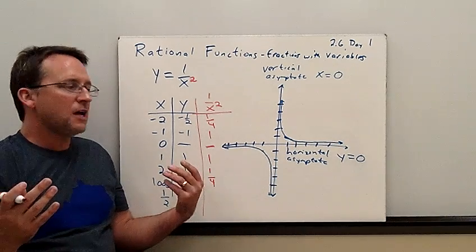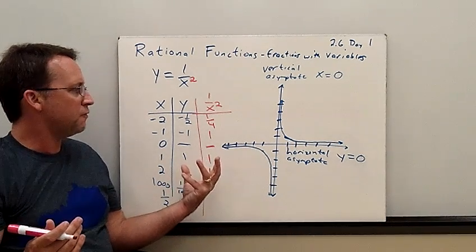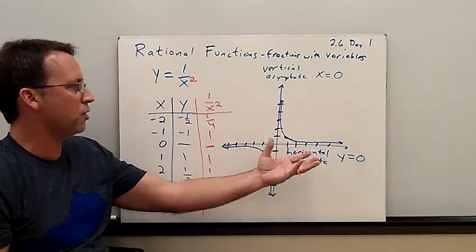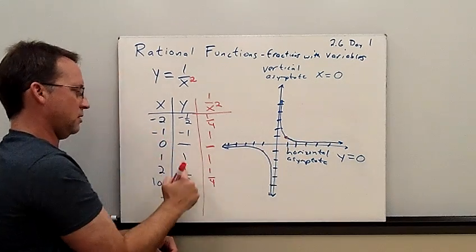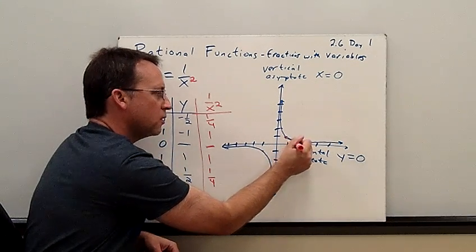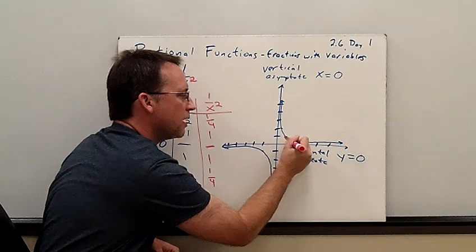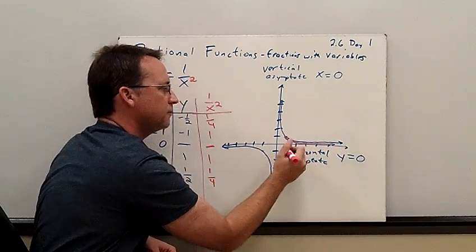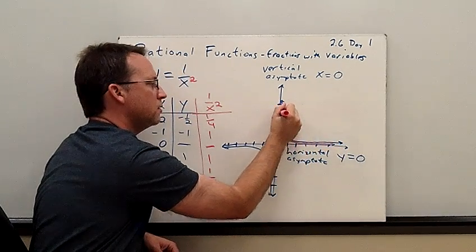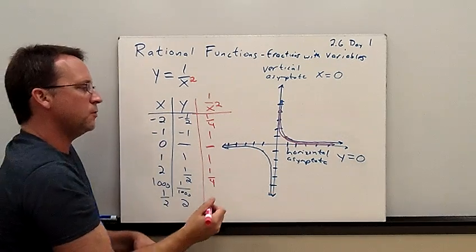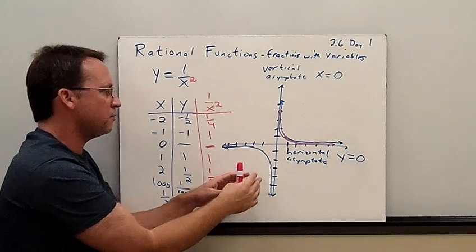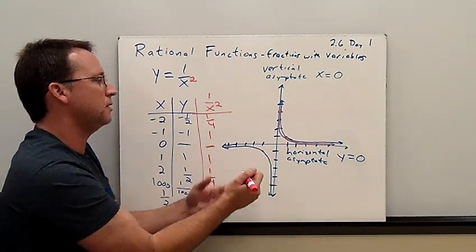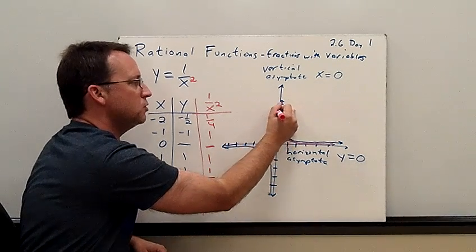So we get the same types of values that we're approaching. 1 over x squared here. You think about this point here, and then when x is 2, we get 1/4. We're still approaching 0. It actually approaches 0 a little more quickly. Both x equals 0 and y equals 0. But we won't have this graph in the third quadrant because we can't get negative outputs. We'll get these values up here in quadrant 2.